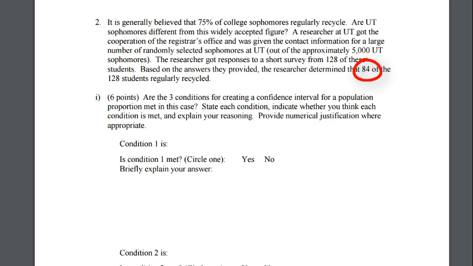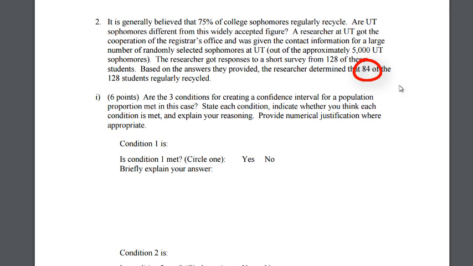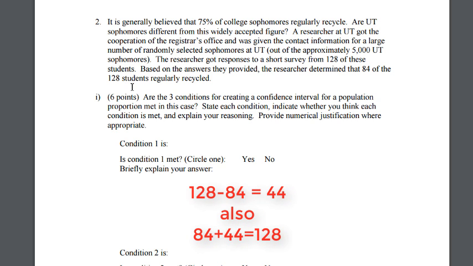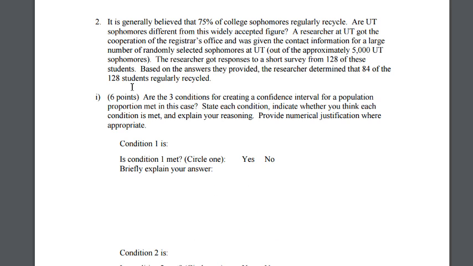And you'll notice we have 84 successes in the sample out of 128. Well, that means we have 44 failures. Because if there's 84 successes, there's 44 failures. And failures and successes are just meant for the yeses and nos. We had 84 people who said they recycle and 44 people who said they don't. So thus we have more than 10 successes and more than 10 failures, and we pass the condition.